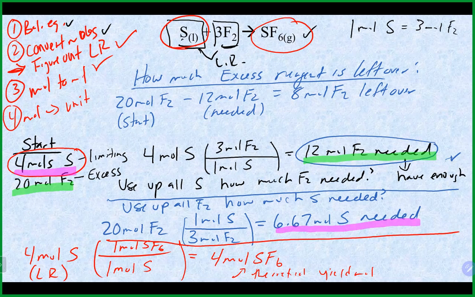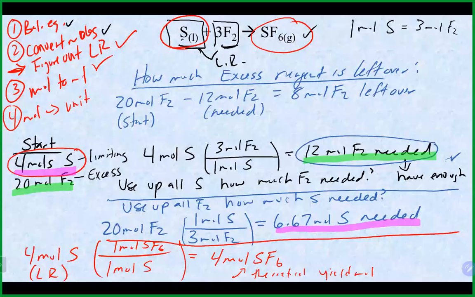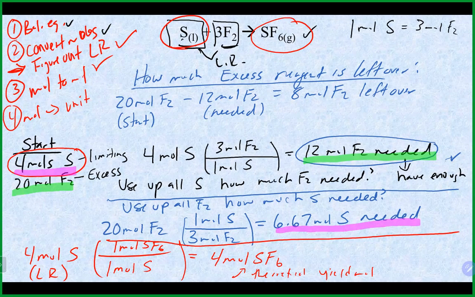Whichever one produces the smallest amount of product is your limiting reagent and your theoretical yield. So that's the other approach that's very commonly taught: two separate calculations from each reactant to the product, and the smallest amount produced is both your theoretical yield and your limiting reagent. By default, the other one would be your excess reagent. Question on that there. All right, we will leave it there for today.